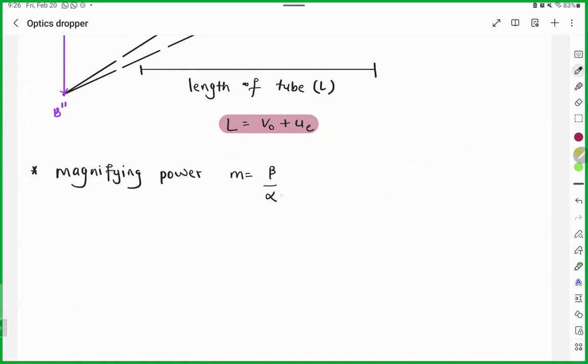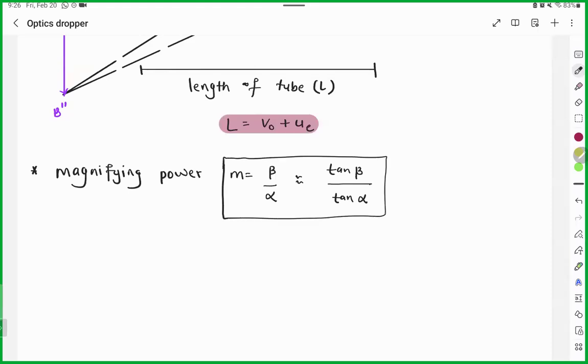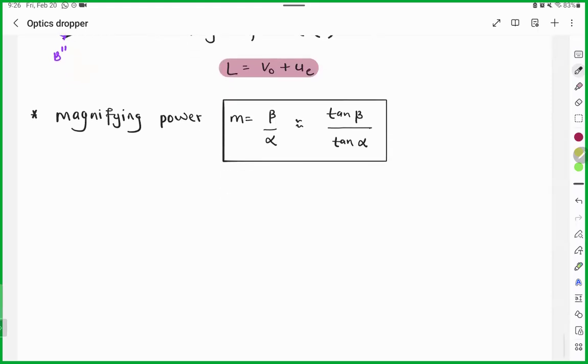Beta by alpha, where beta is the angle for the image and alpha is the angle for the object. This is the main formula which we used in the previous topic also.